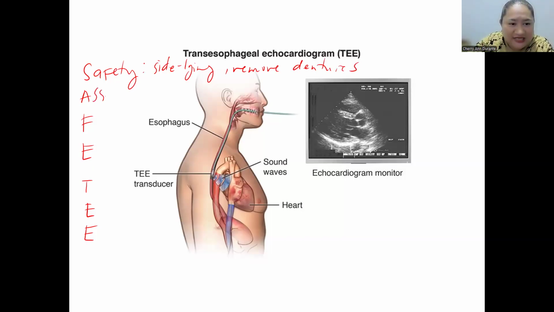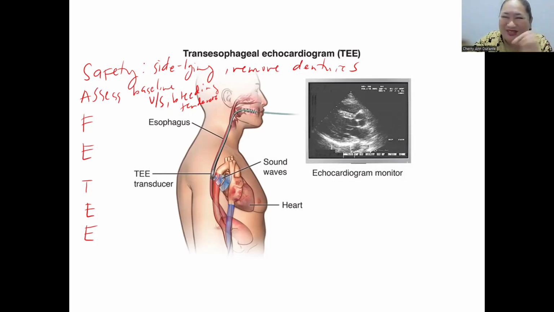Next, assessment. What do I assess? You assess for baseline data. Which baseline data are important? Vital signs are important. Important is for you to know the bleeding tendencies. Why? Look at this. You are inserting this tube into the esophagus, guys.